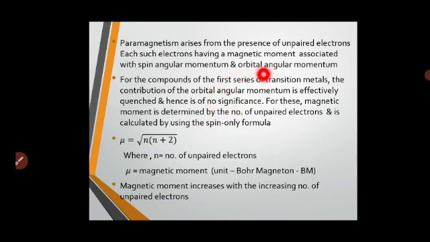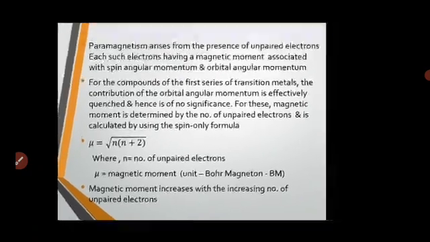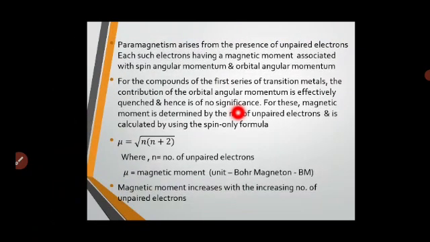Simultaneously they are spinning clockwise and anti-clockwise. That is called spin motion, meaning they are moving around themselves, about their own axis. This motion is called spin angular momentum. Whereas when the electron is moving around the nucleus, we call it orbital angular momentum.